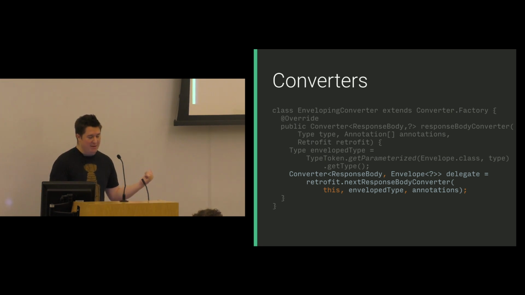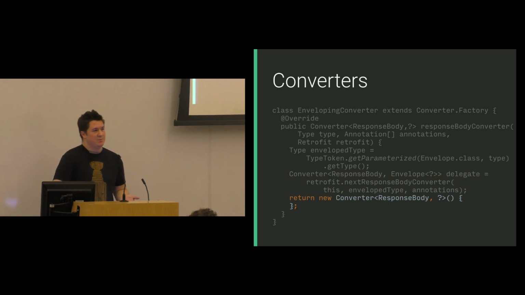And we're also passing in the envelope type, not the original type. So we're saying, give me a converter for whatever serialization format for envelope of user. You'll see that the type it returns is a converter from the body to envelope of whatever the type is. We actually don't care what that inner type is. We just know that it's wrapped in envelope.